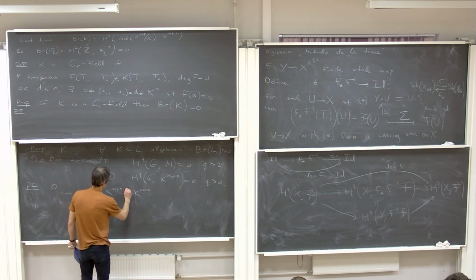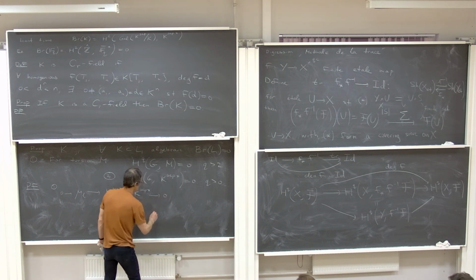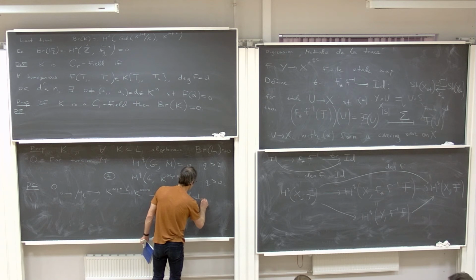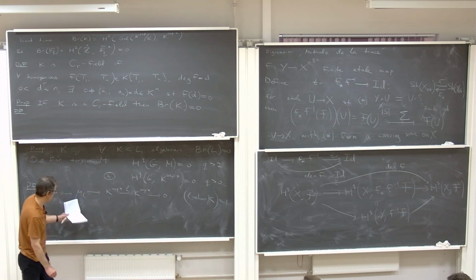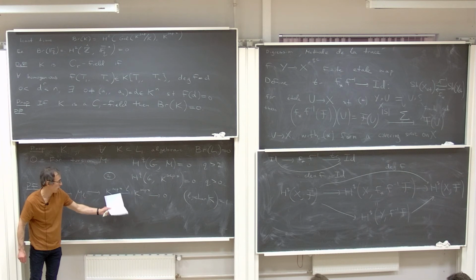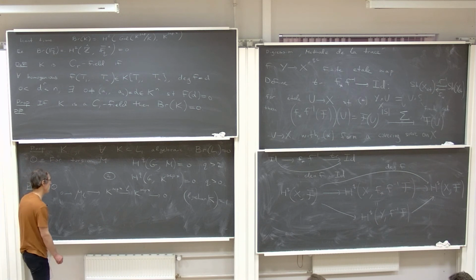This map is raising to the nth power. If l is relatively prime to the characteristic, then this map is surjective, because taking nth root is a separable extension. And therefore this is a short exact sequence.